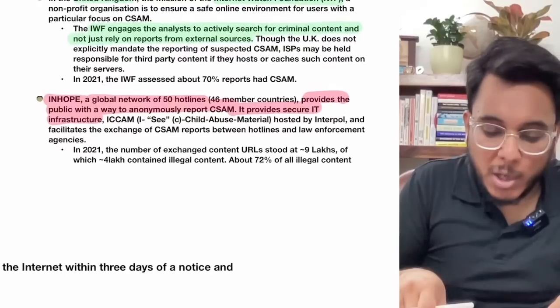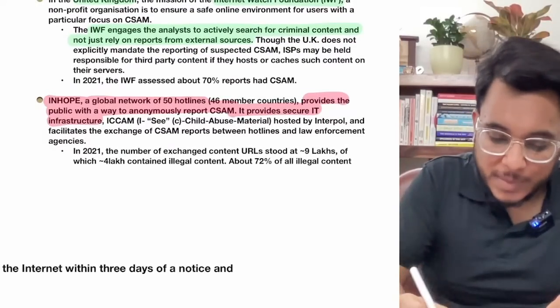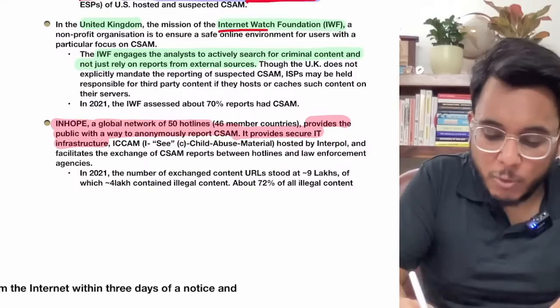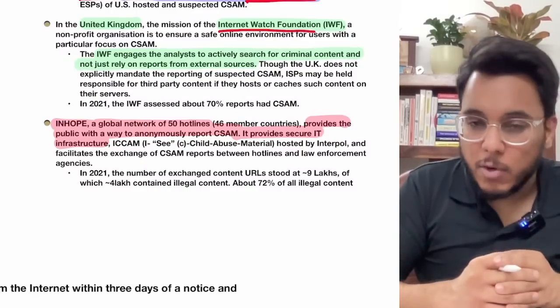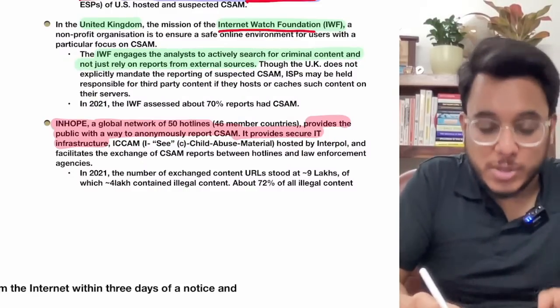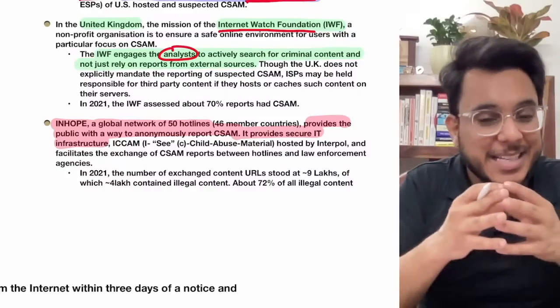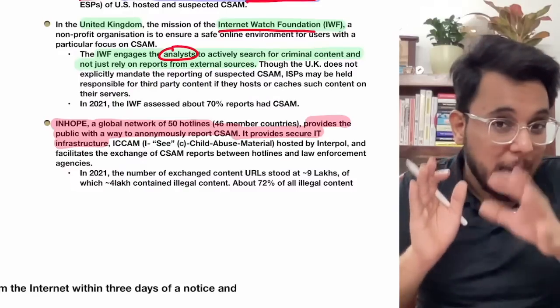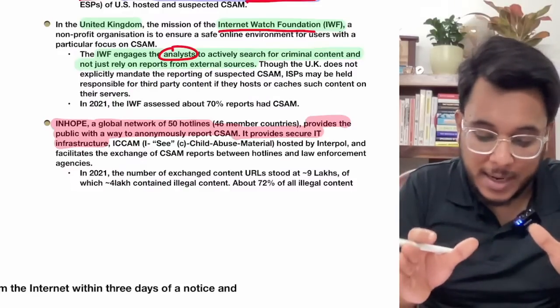Now when we talk about the UK, there is the Internet Watch Foundation. What it does is engage analysts, researchers who actively search for the prevalence of child pornography on the internet.